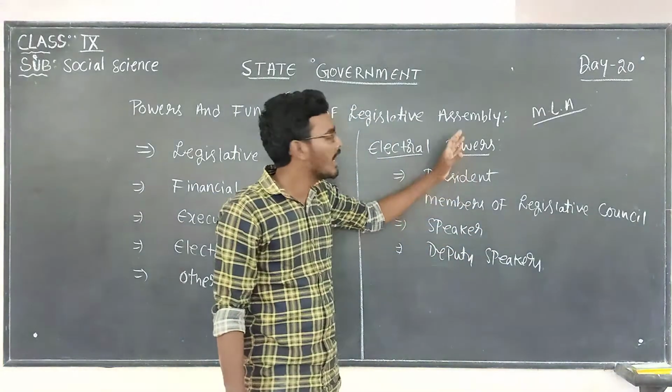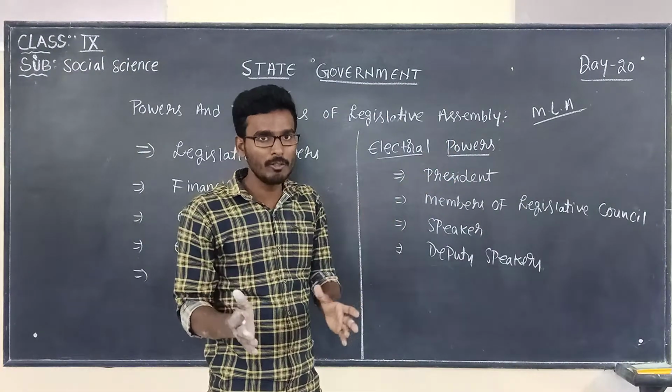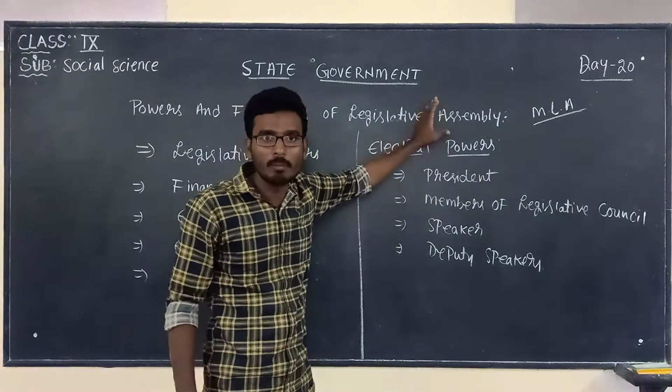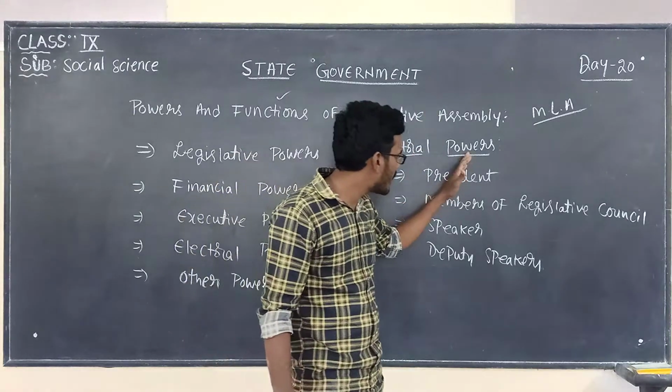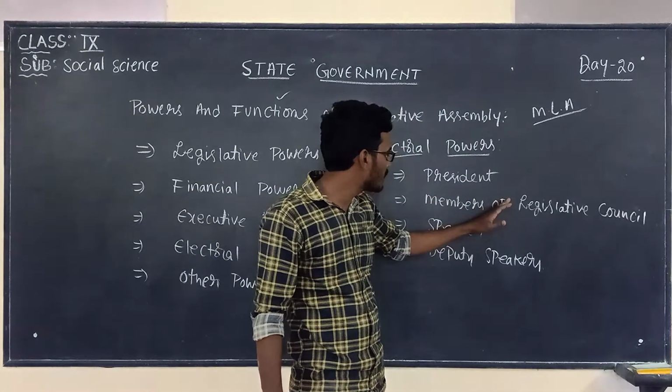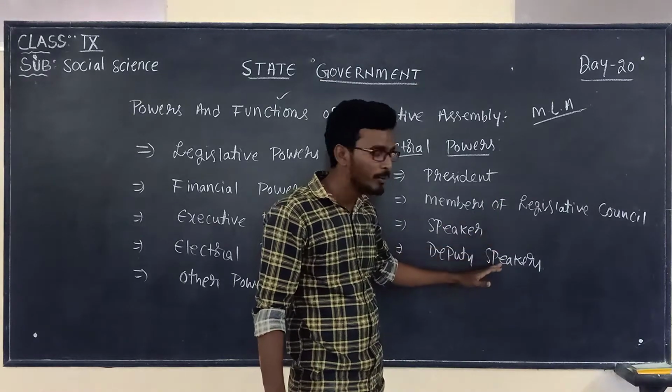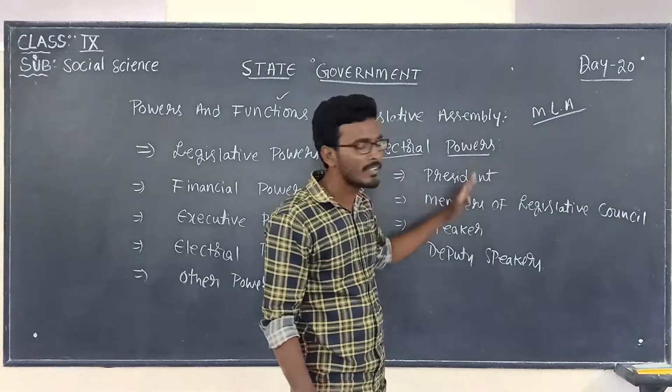So these are the electoral powers. Again I am saying, the members of legislative assembly have a right to elect the President of India, members of legislative council, speaker, deputy speaker. So these are the electoral powers.